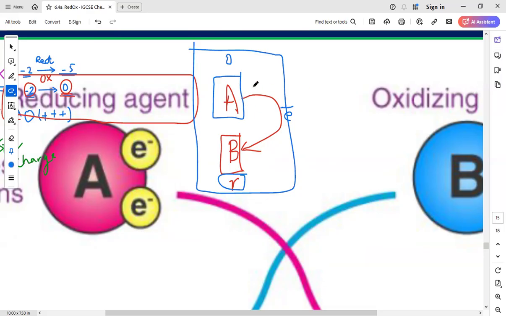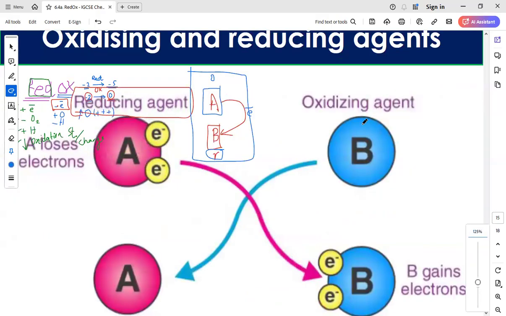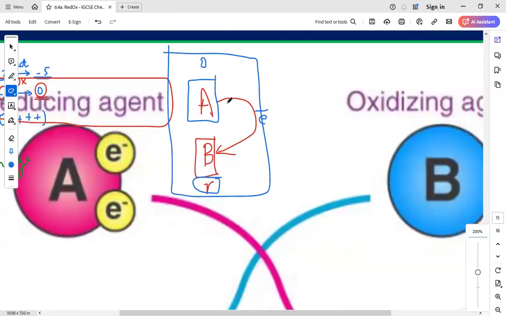It loses electrons, so it gets oxidized. Similarly, an oxidizing agent strips away the electrons. It takes away others' electrons, so it will gain electrons, and because it gains electrons, it is reduced.